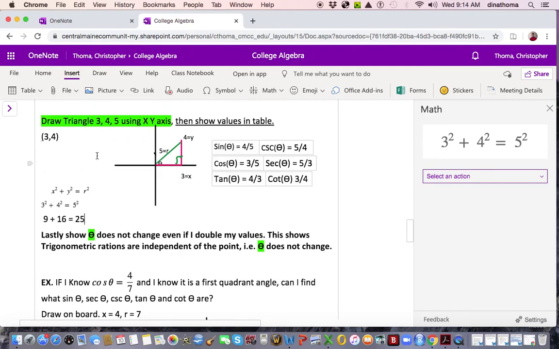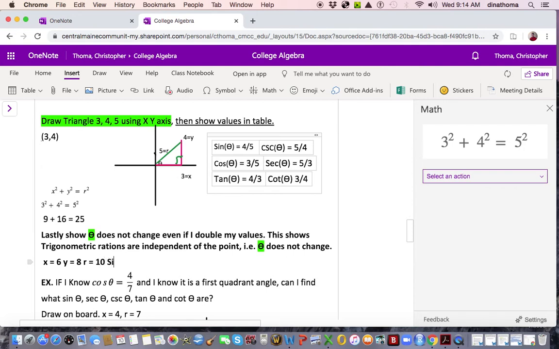So if I double my values, say my 3, 4, 5 triangle, my x is now equal to 6, my y is now equal to 8, and r is equal to 10.